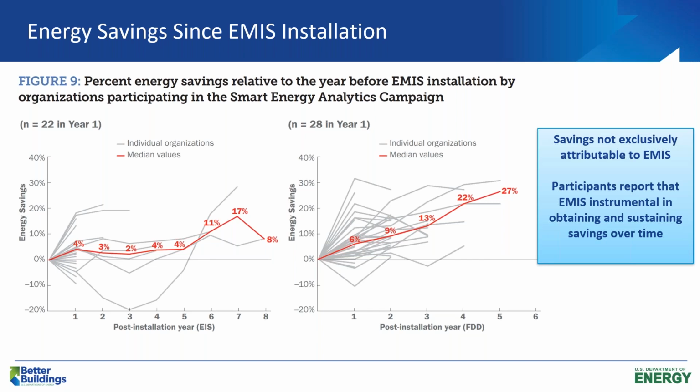So you'll see that these red lines, especially for FDD, go up over time. We chose year 2 savings to report out. It makes sense for making sure we had a full year of post-implementation data, and people have actually implemented their system and had it integrated into their management processes by then.